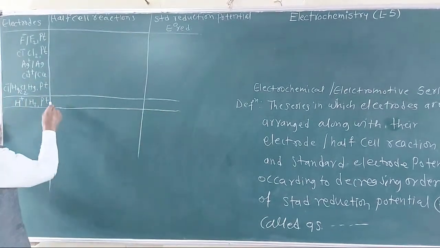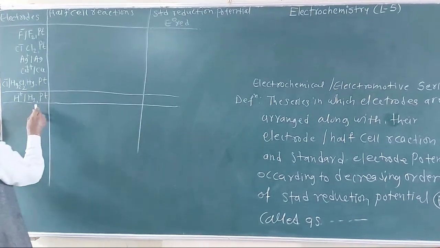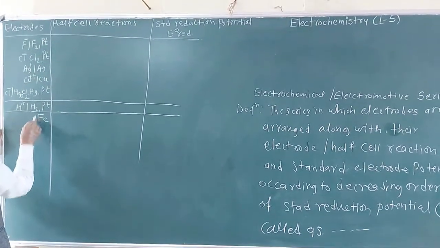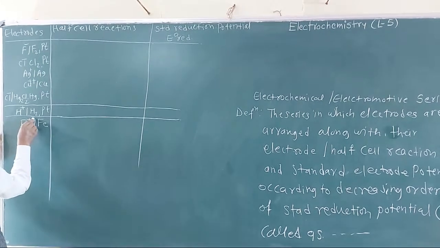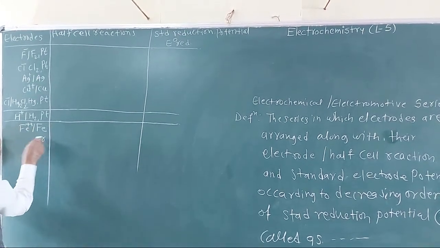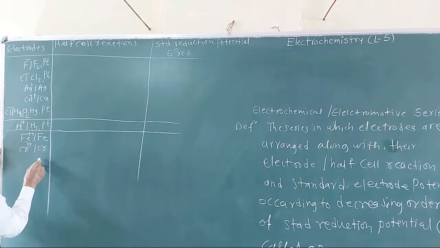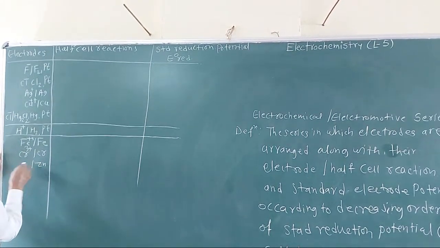It is the primary standard reference electrode. Similarly, there are a number of electrodes. For example, iron electrode, or some chromium electrode with tripositive ions, or some zinc electrode.